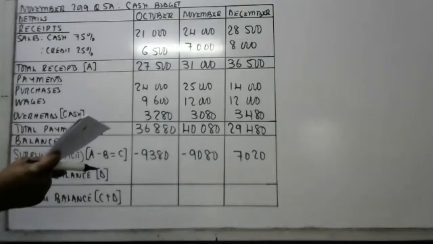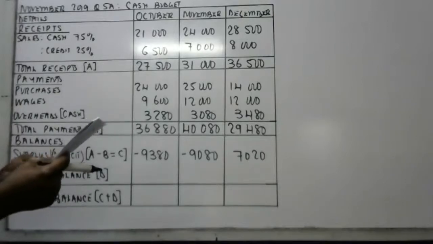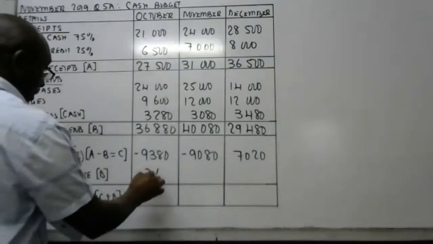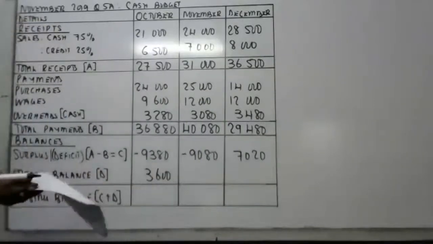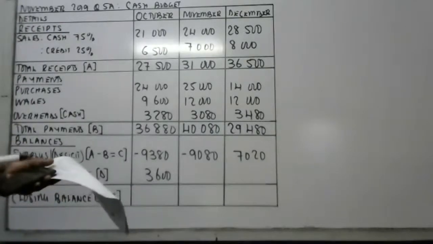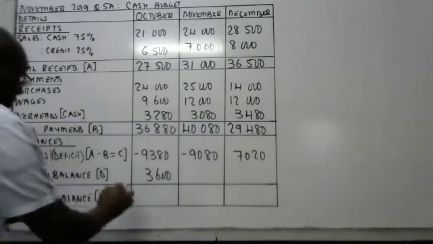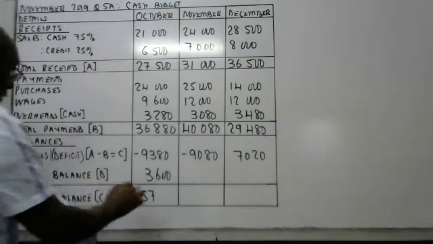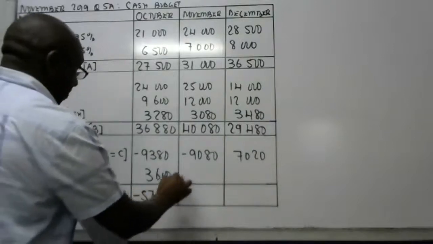Opening balance, we are told it was 3,600. So if you say minus 9380 plus that 600, you will get minus 5780.